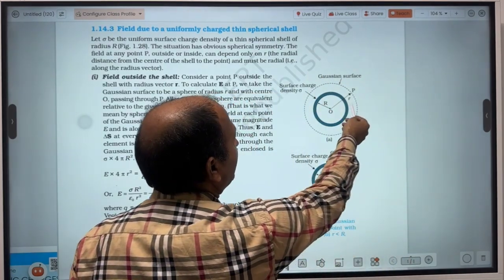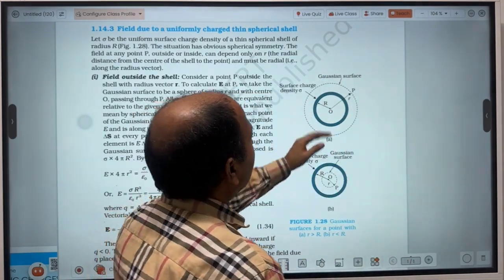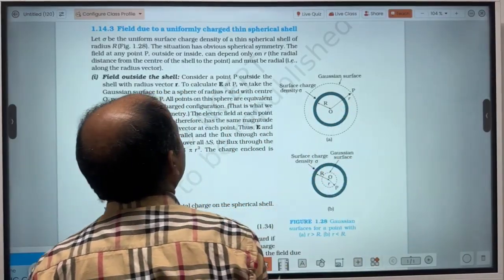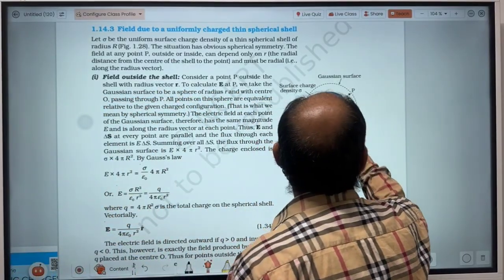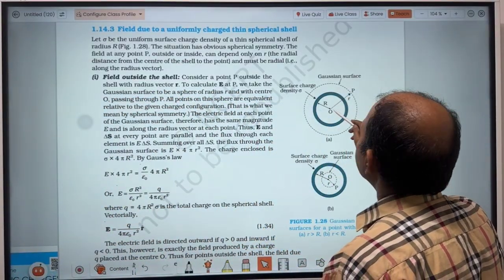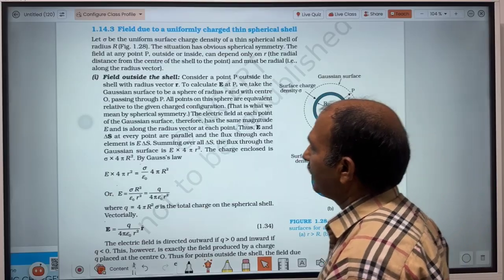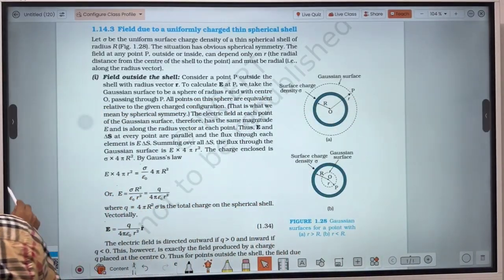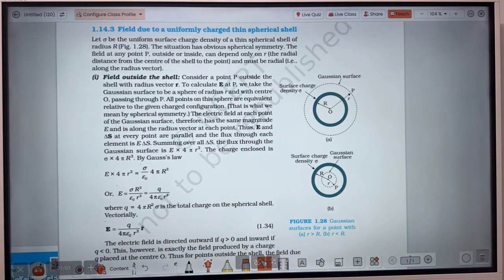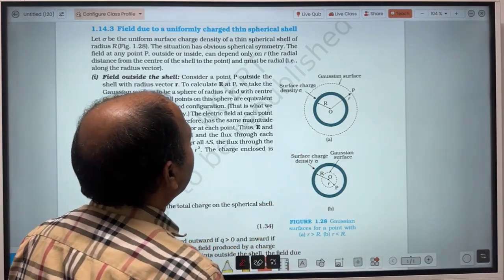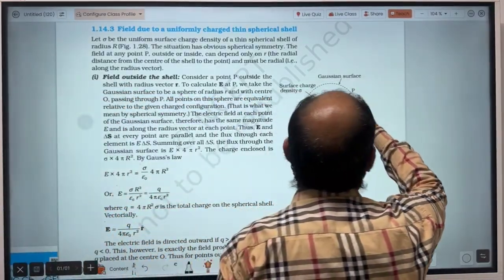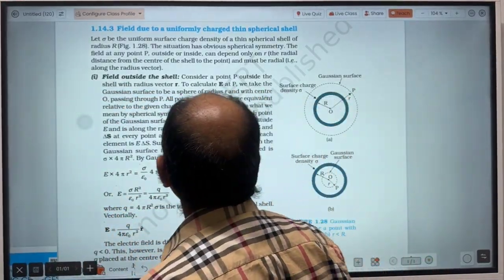The Gaussian surface will enclose this charge, and because of spherical symmetry, we can assume that the total charge is concentrated at this point, and then we can apply Gauss law to calculate the field.